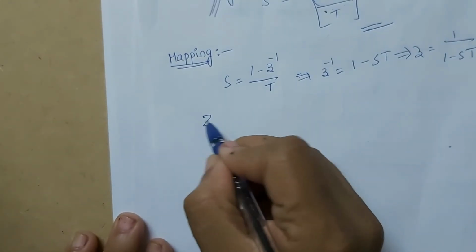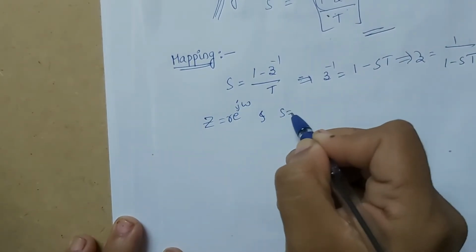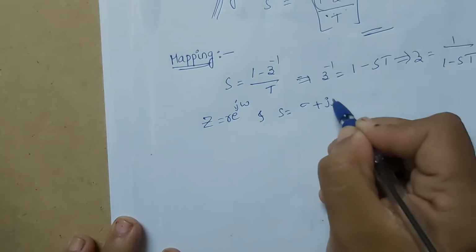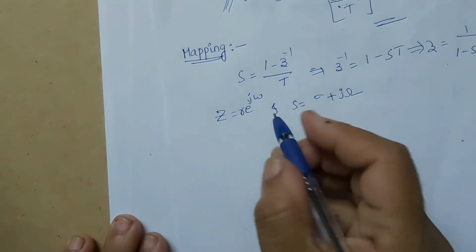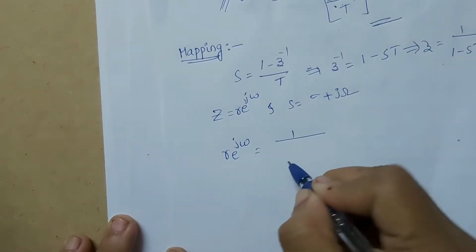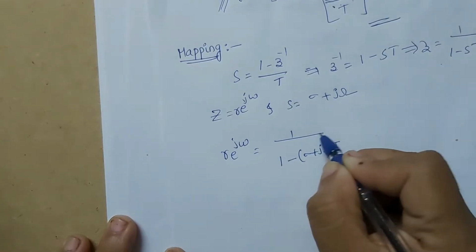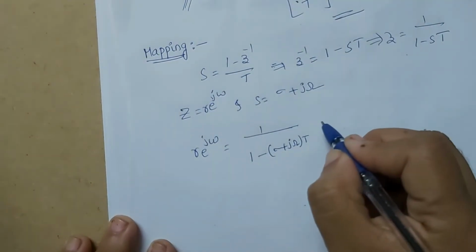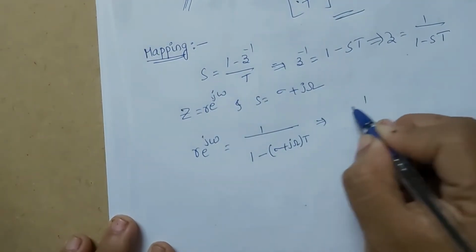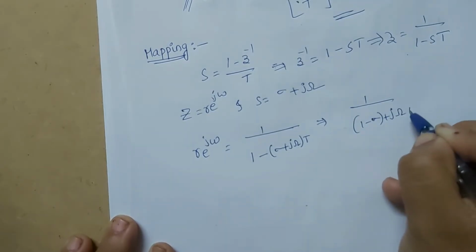So just substitute z is equal to r e power j omega and s is equal to sigma plus j omega in the above equation. So r e power j omega is equal to 1 by 1 minus (sigma plus j analog omega) into T.